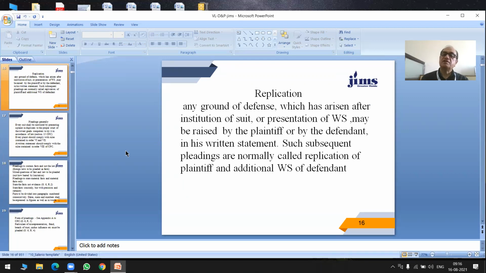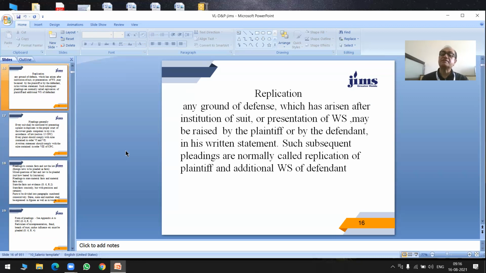Replication. What is replication? Replication means mentioning any ground of defense which has arisen after institution of suit or presentation of WS, which may be raised by the plaintiff or by the defendant in his written statement.